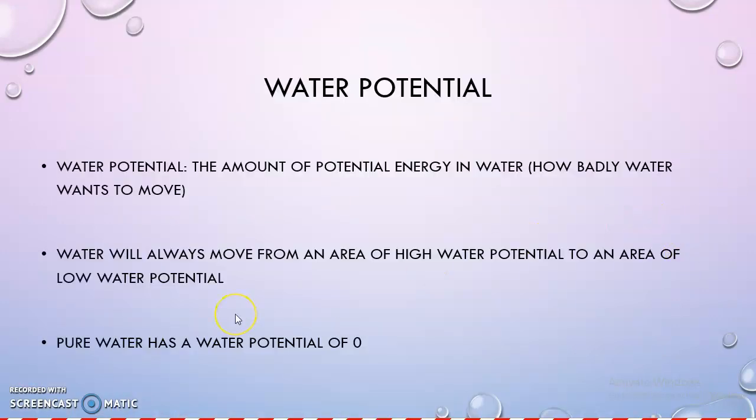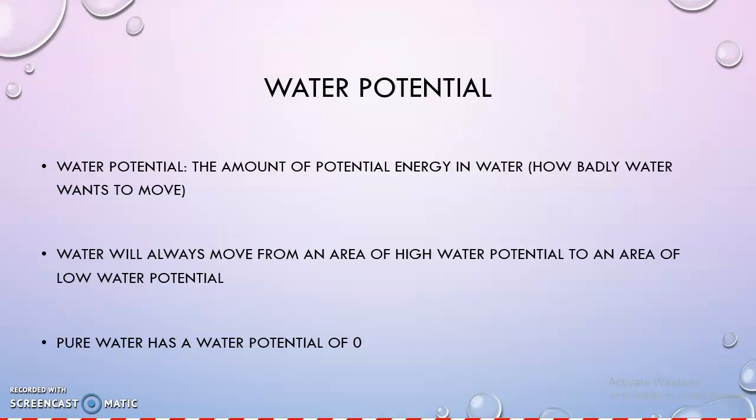So water potential. Water potential is the amount of potential energy in water, or how badly water wants to move. If you have a really high water potential, so let's say 0, because pure water has a potential of 0, it wants to move across that membrane really, really badly. Now, water will always move from an area of high water potential to an area of low water potential.